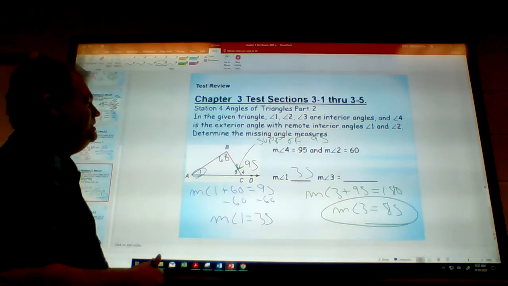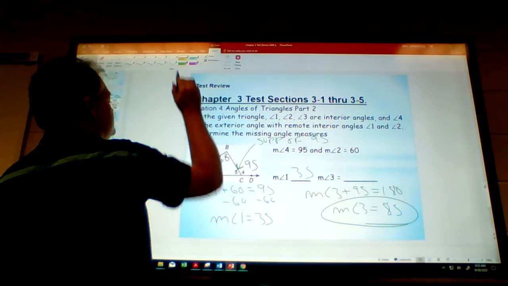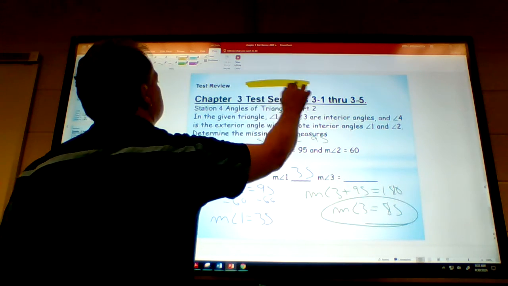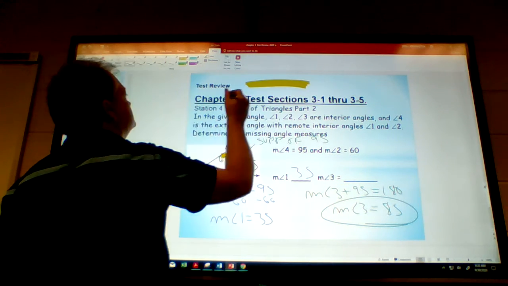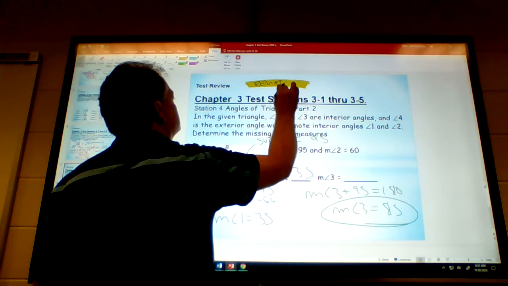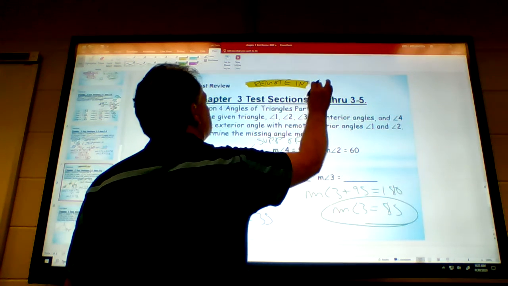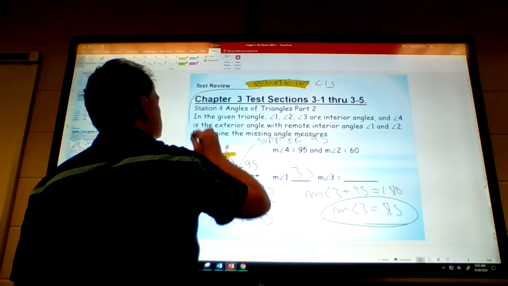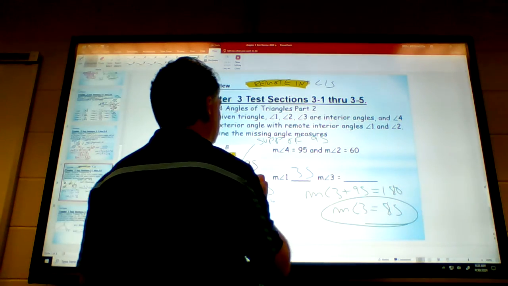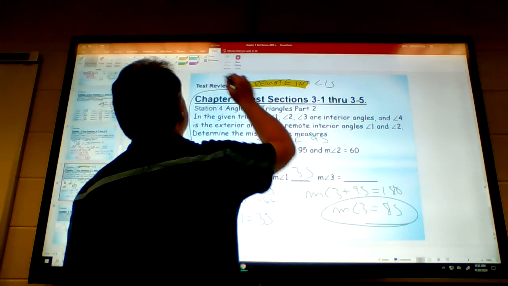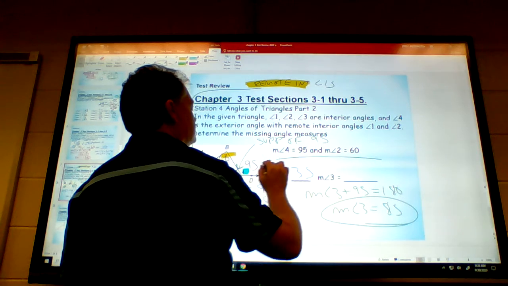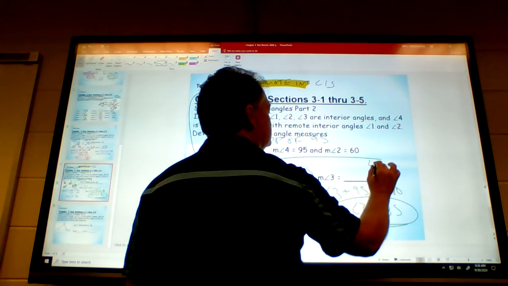But I'm trying to show you that the two remote interior angles, which are 1 and 2, and this right here is the exterior angle.